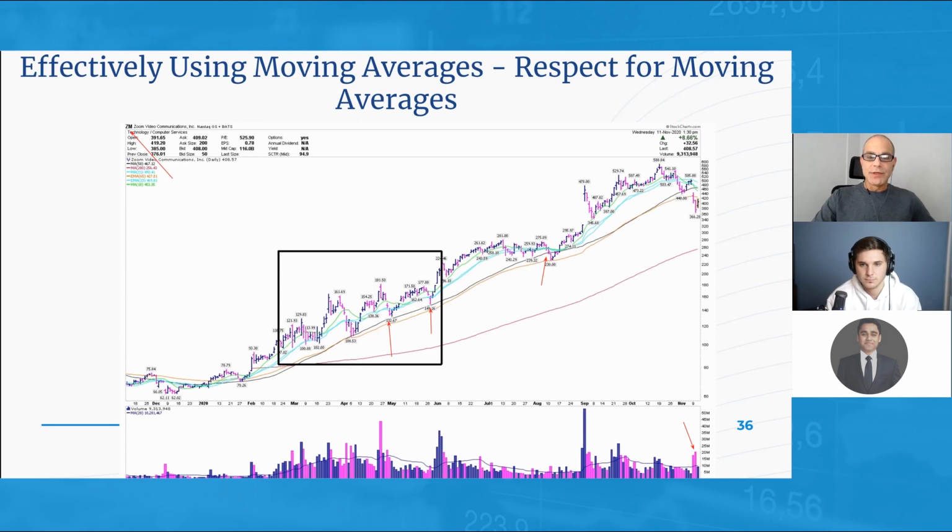As we can see, the stock makes a big move all the way up to 400, but ultimately, using the 65-day as your key moving average in this case, we finally gap down, break below on huge volume, and ultimately the stock enters a downtrend from here.